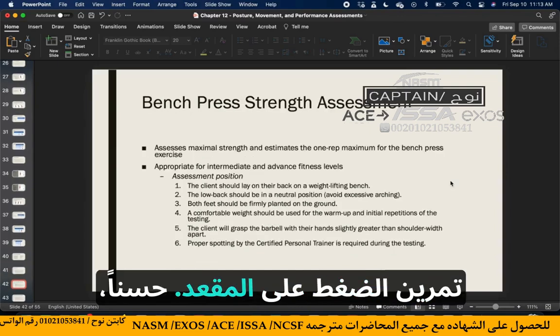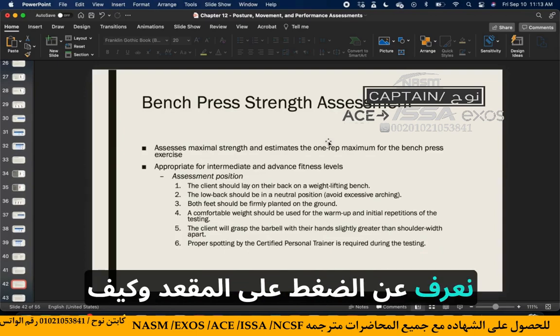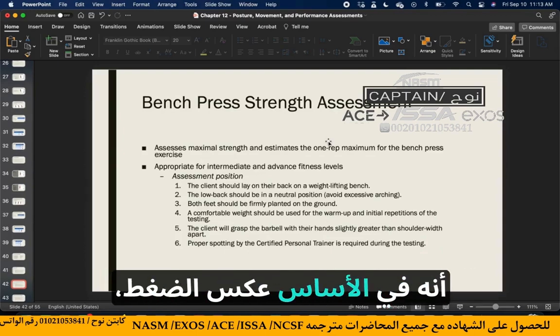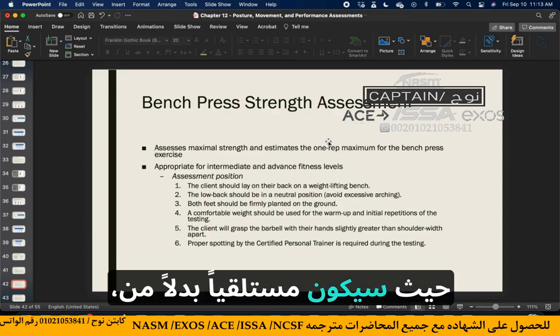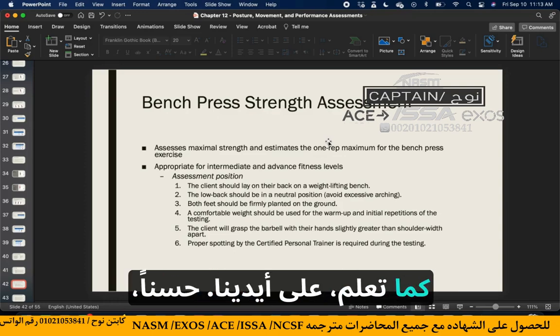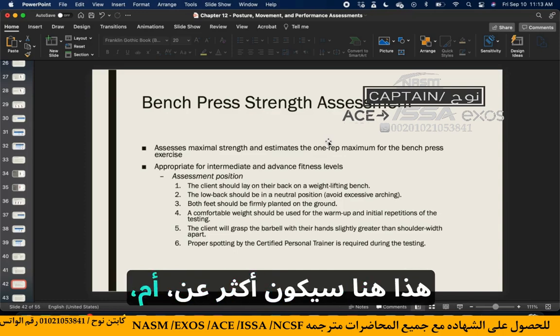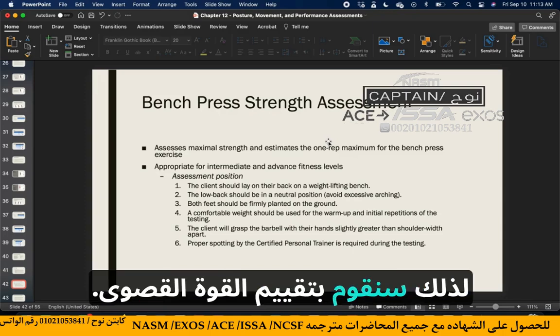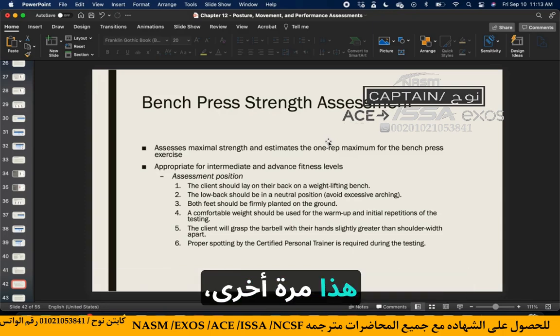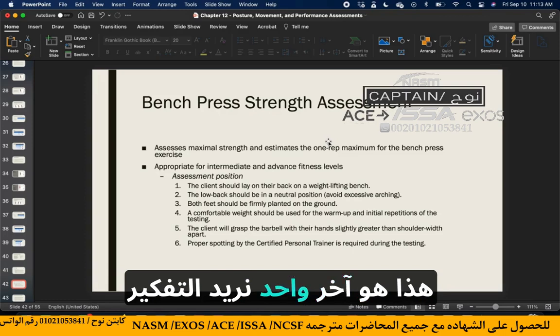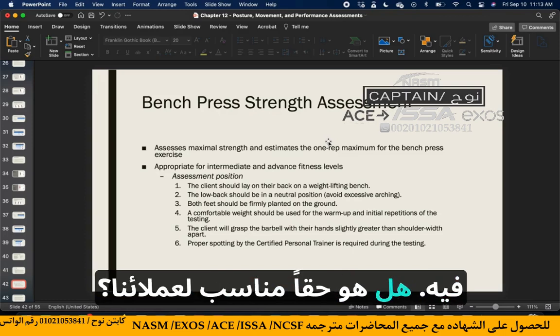The bench press. We know about bench pressing and how it's basically the inverse of the push-up. We're just lying down versus being on our hands. This one is going to be more about a 1 repetition max, so we're assessing maximal strength. This is another one we want to think about: is this really appropriate for our clientele?